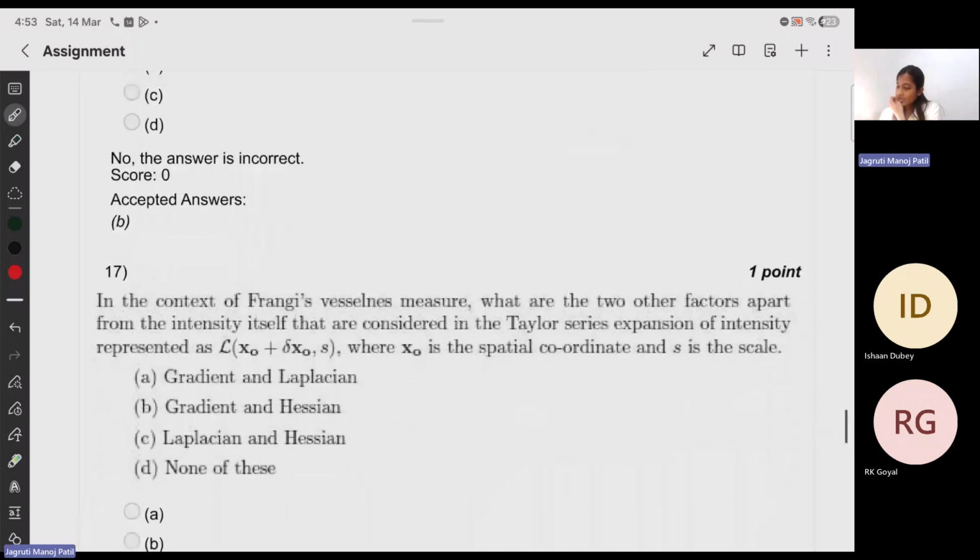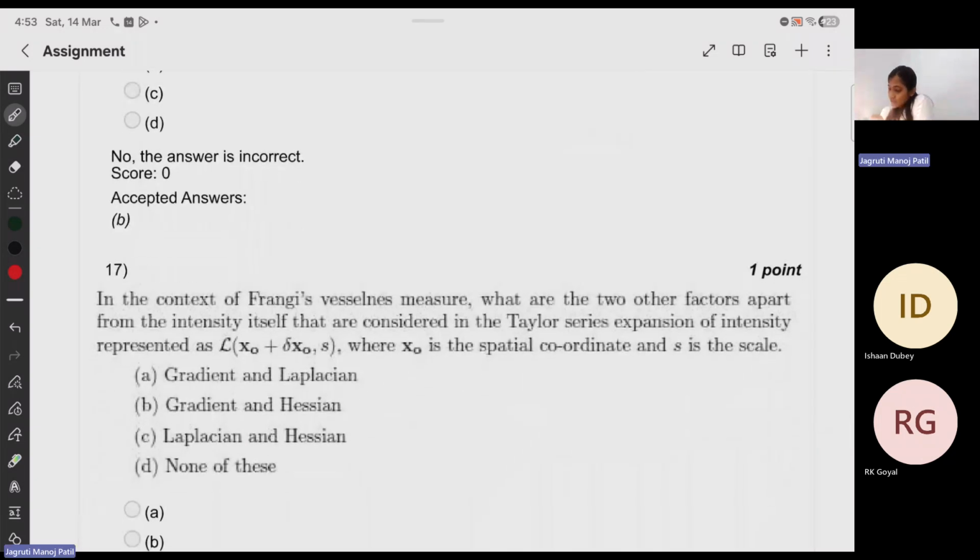Okay. In the context of Frangi's vesselness measure, what are the two other factors apart from intensity itself? Yeah, so we had lambda, and the position vector that are considered in the Taylor series expansion of intensity, where x naught is the spatial coordinate and s is the scale.